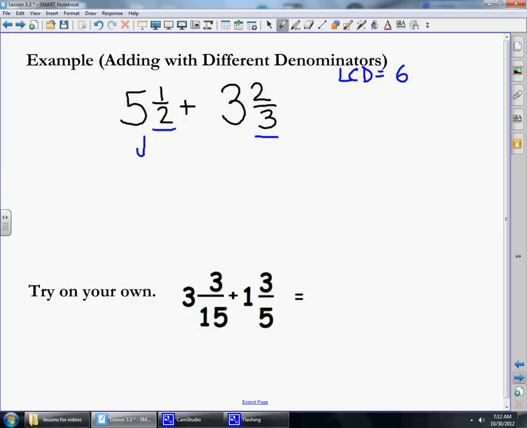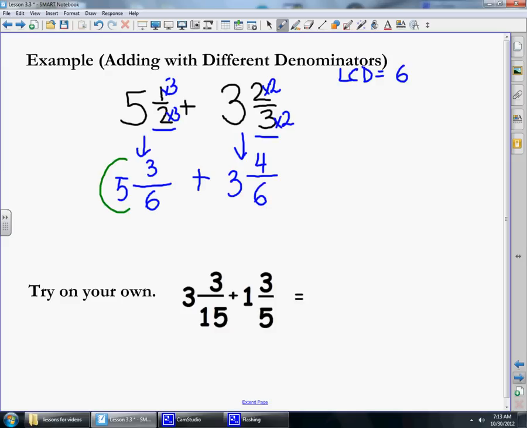So my fraction, 5 and 1/2, will turn into, that means I have to multiply by 3, will turn into 3/6. And my fraction 3 and 2/3 will turn into, 3 multiplied by 2, will turn into 3 and 4/6.